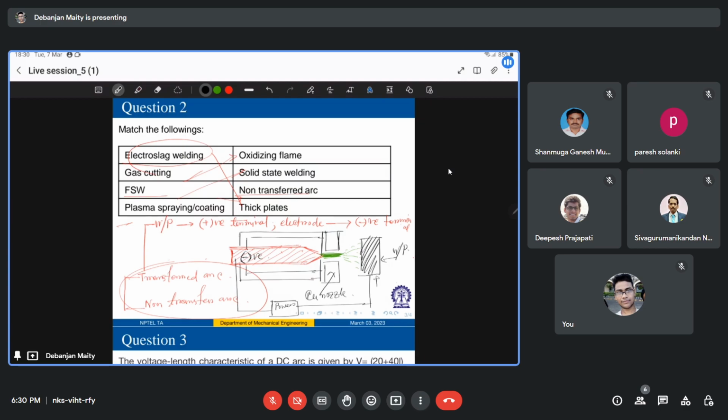You can use some circuit breaker if a higher amount of voltage is produced in this power source, right? So here this workpiece is an integral part of this electrical circuit in transferred arc, but that is not the case for non-transferred arc.